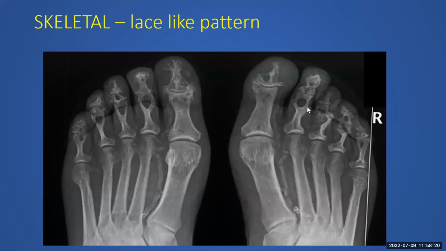Not common, but you can see almost bone destruction. In some areas, you can see that lace-like involvement, but in this one, significant thinning of the bone. In some areas, you can see coarsening of the trabeculae as well as cystic changes. The classical lace-like pattern is probably seen in this one.